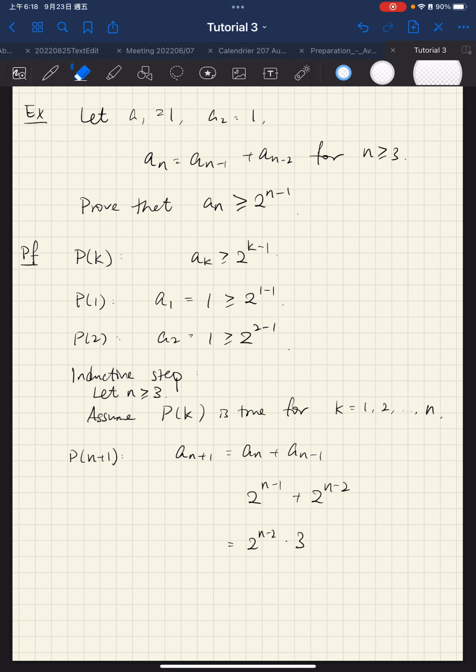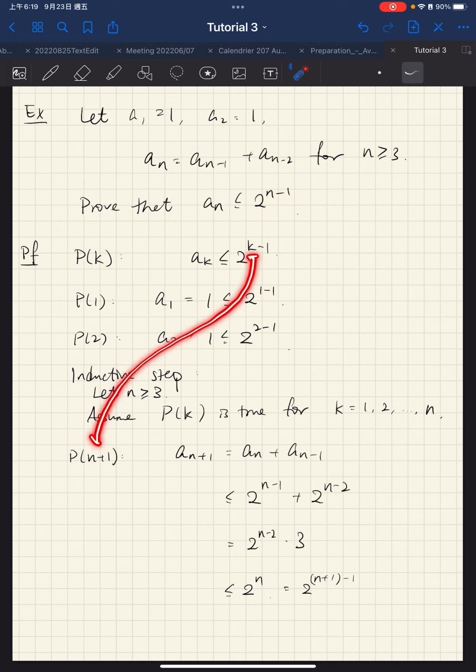Oh, sorry. It's larger than. Why am I making this mistake all the time? Sorry. And hence, you know that this is larger than 2 to the power of n. And 2 to the power of n, we can also write as 2 to the n plus 1 minus 1. Since here you have this k, and this k is substituted by n plus 1, so you want to have this form.